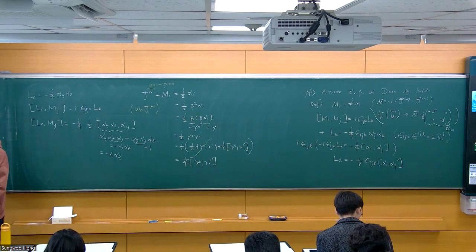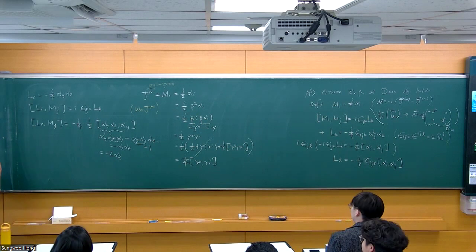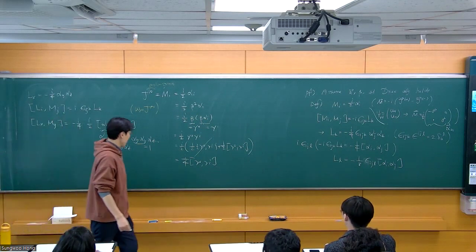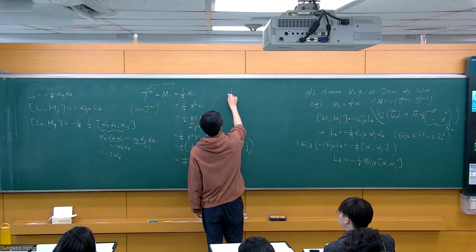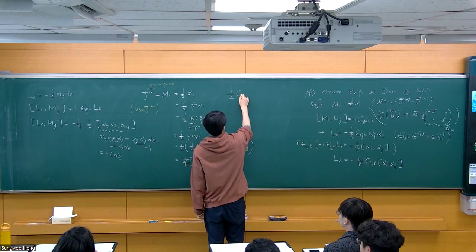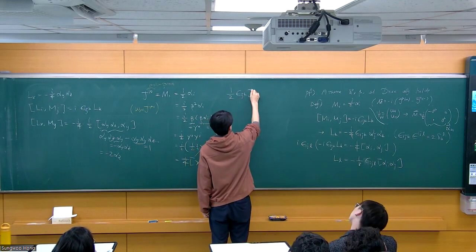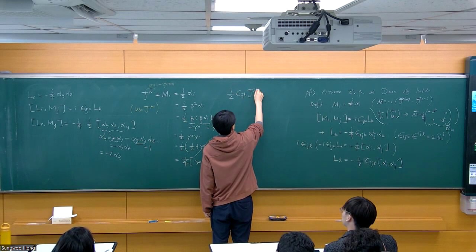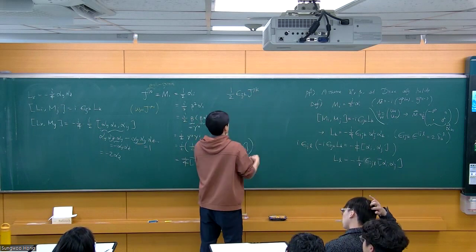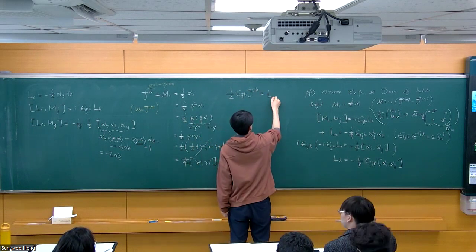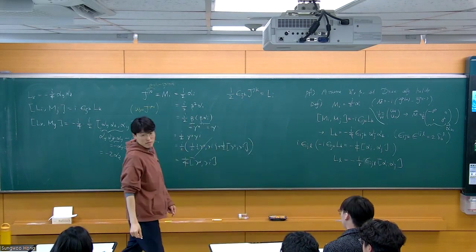So I'm going to rewrite the Lorentz generator also. Let's just recall how that looked like. Half of epsilon ijk J_jk. So this was the Lorentz generator, and this was L_i. Okay, so that was originally defined.